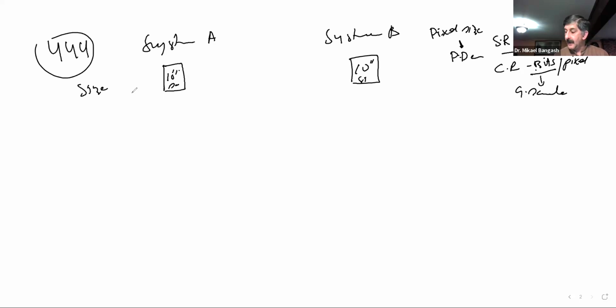Now system A has 1 million pixels. So pixels here is going to be 1 million. Clear? And we can say that's going to be 10 bits to each pixel.